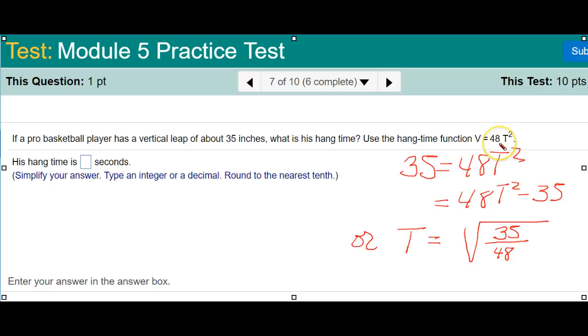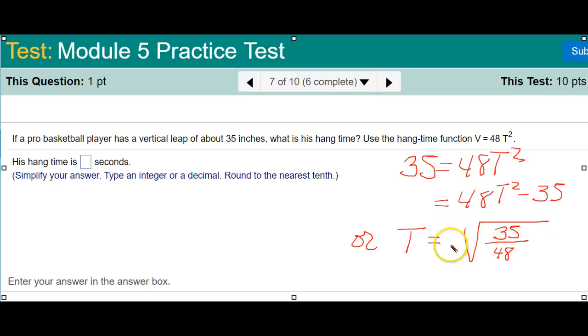So for this one, in a similar way, basketball player, vertical leap 35 inches. So the vertical leap is 35 equals 48 t squared. So you could put it in the quadratic formula, or the shorter way, transpose the 35 to this side, and then divide both sides by 48, and then take the square root of both sides.